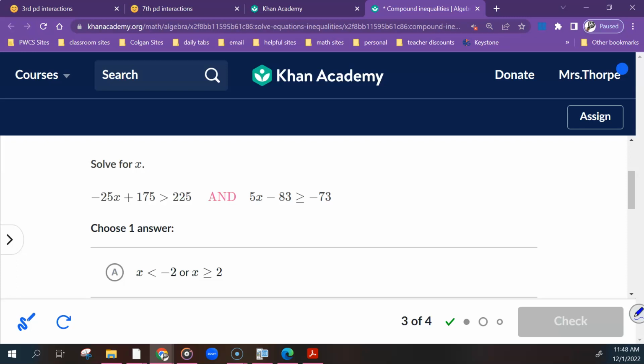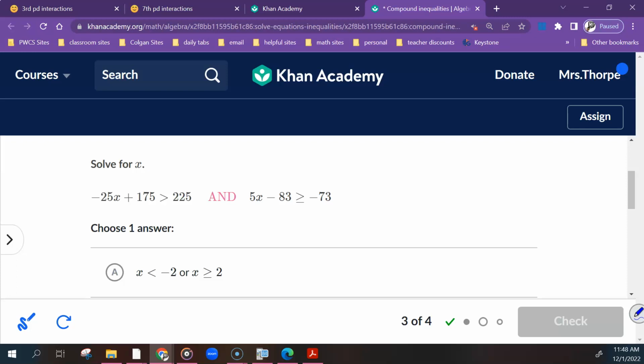So even though with ours, an and inequality is usually condensed, this one is not. So you would solve it separately, but the end result is still going to be overlapping.